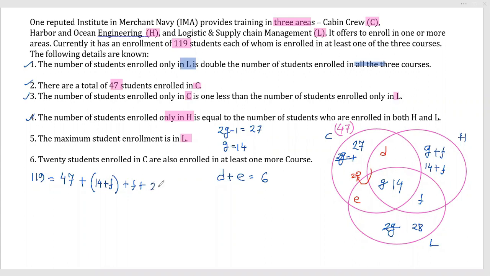So plus 28. Let us calculate to get the value of F. 47, 14, 28. That means 42, 42 plus 47, 89. 20. That means F is equal to 20 by 2, 10. F is equal to 10.